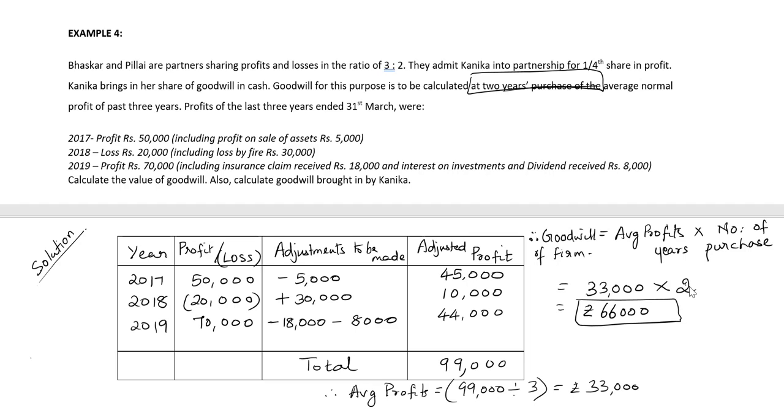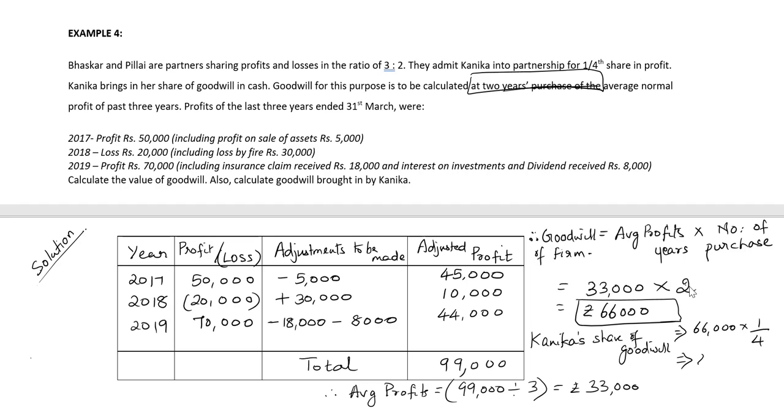Now, Kanika, who never had any share of profits, is suddenly going to get 1/4 share in the profit. So, if goodwill of the firm is 66,000, for getting a 1/4 share in profit, Kanika's share of goodwill, which she has to bring in, is equal to rupees 66,000 into 1 divided by 4, because she gets a 1/4 share in profit.